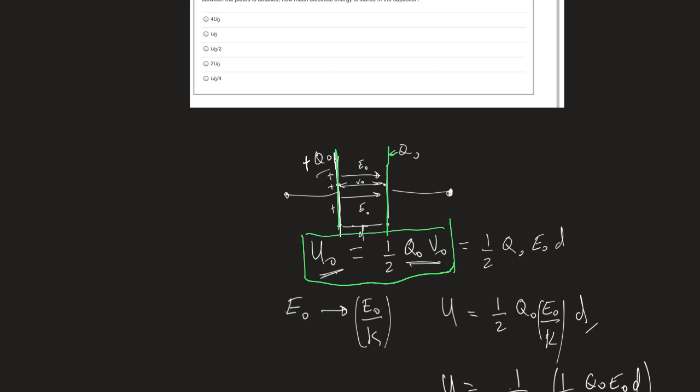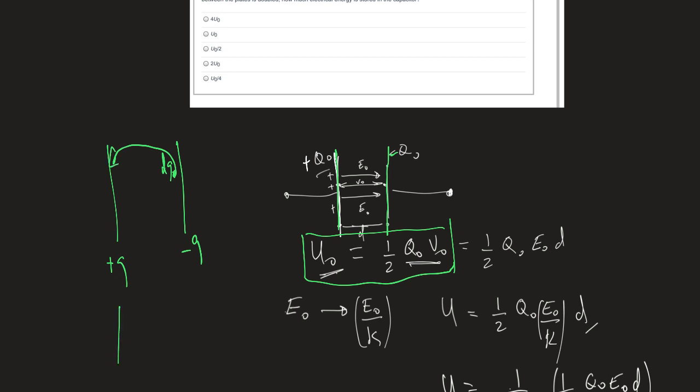This is the amount of stored energy, because we saw that in charging a capacitor, from the state minus Q, plus Q, you have two plates and you displace the charge dq from one plate to the other.